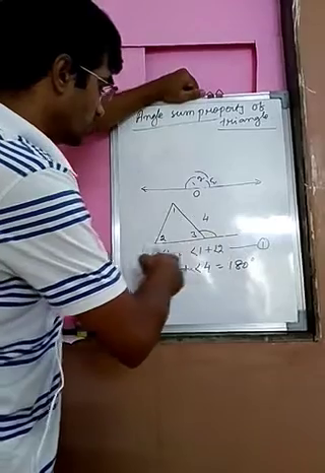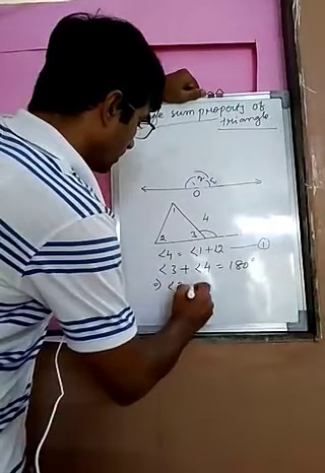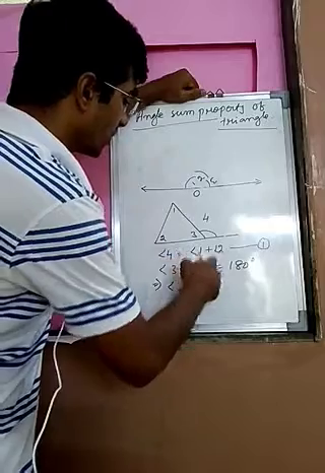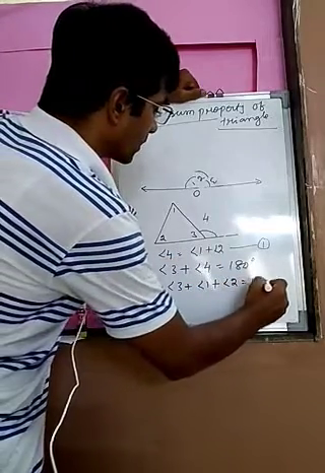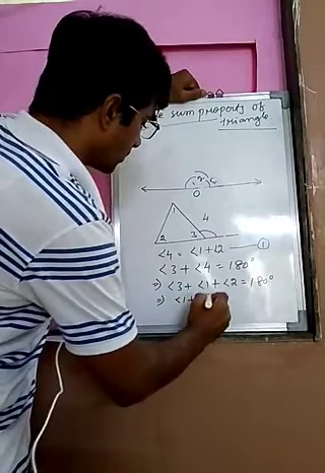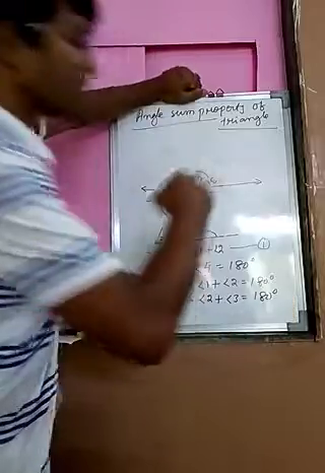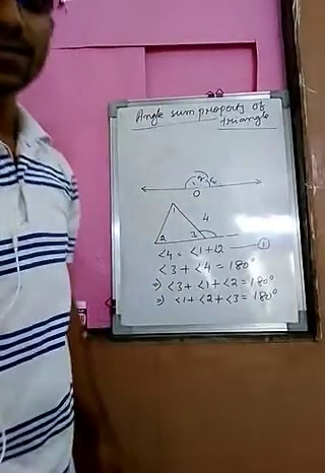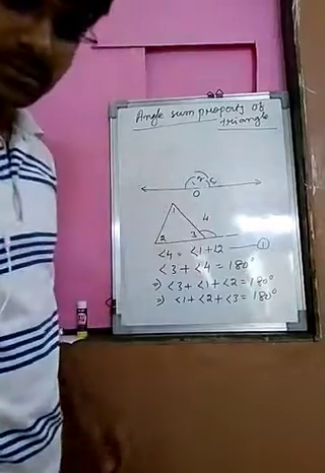Can we put the value of angle 4 in this? In place of angle 4 we can write angle 1 and 2, so angle 1 plus angle 2 plus angle 3 equals 180 degrees. This is the second method.